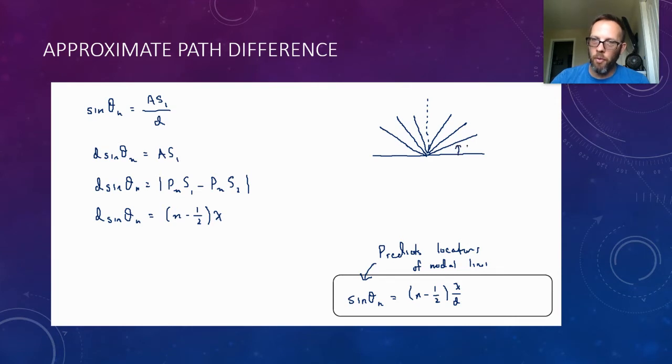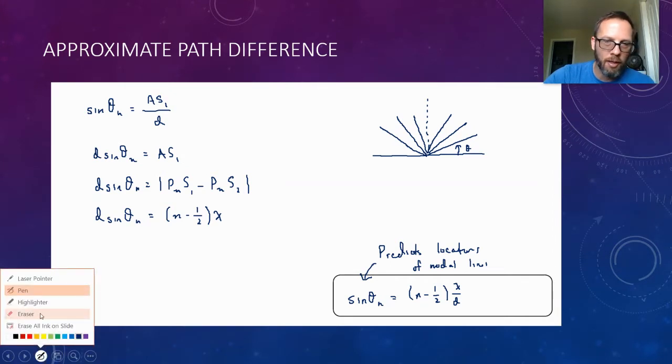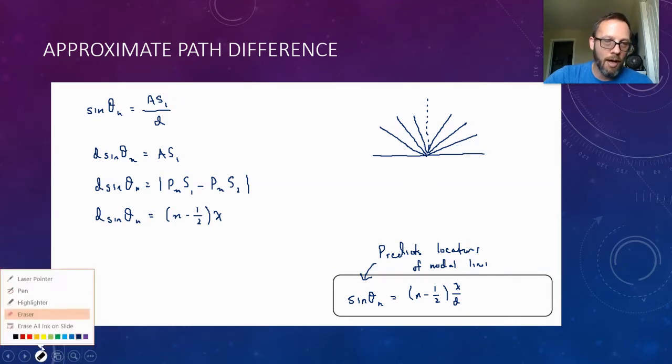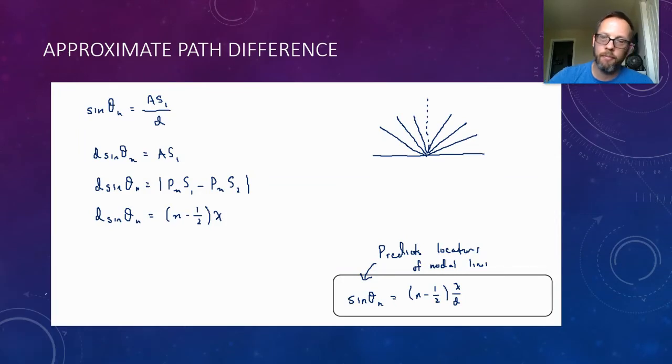So for example, if you wanted to know the angle of like the third nodal line, then you just plug n equals 3 into that formula and then solve for it, and then just do inverse sine. So I think that's very, very fascinating. Yeah, so the third nodal line would be like this. That'd be theta 3, for example.